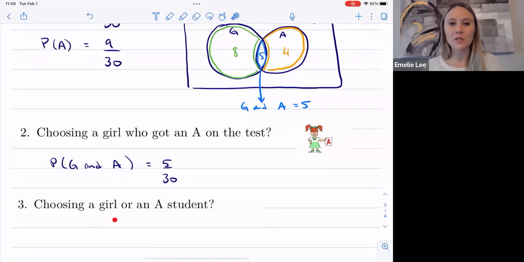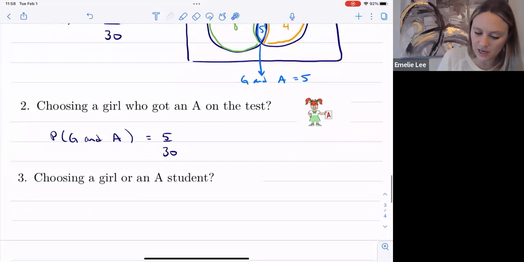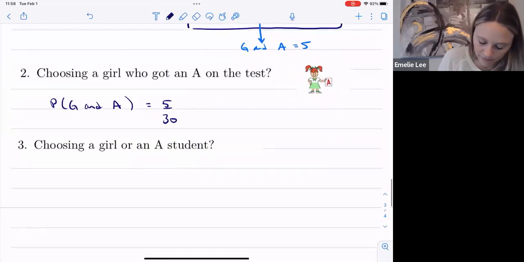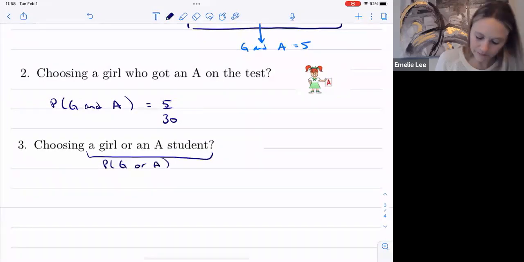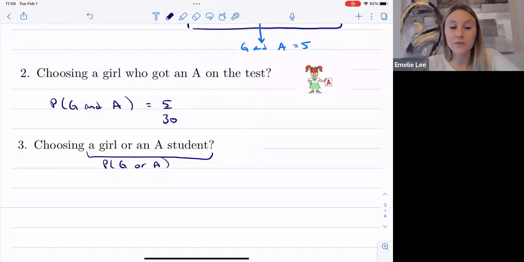And so I can use the formula because this is the same as asking for the probability of girl or A, which we have seen a formula for. It turns out we have all the different components. That's how these questions are going to go. You're going to have the components from before, and then you're going to use them to solve this next problem.